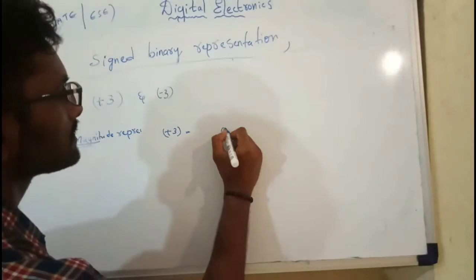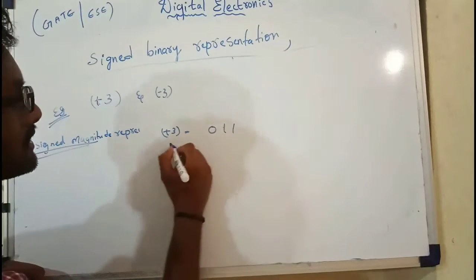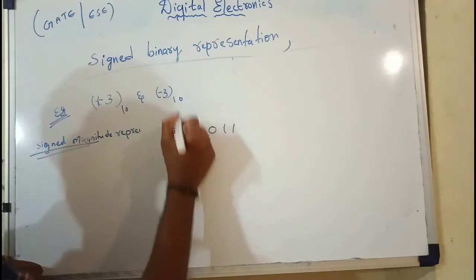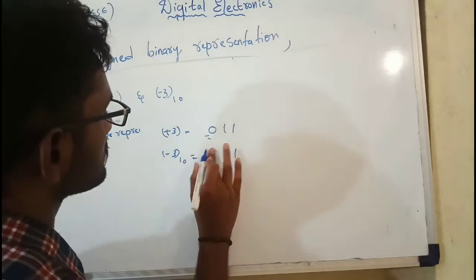Plus 3 is the value 3 in binary, 1 1, and plus means sign bit 0. For minus 3, in base 10, the value is 1 1 and the sign bit is 1.